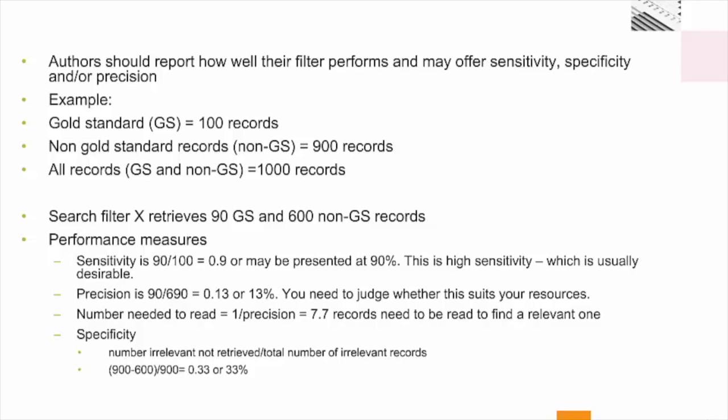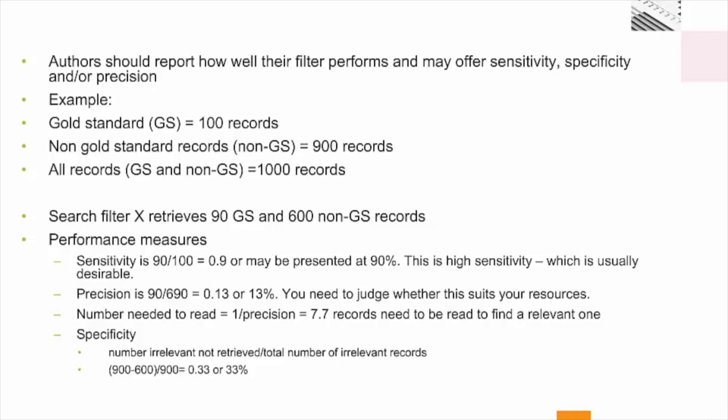So the calculations I'm offering you here is if we have a gold standard set of records that we want to find, 100 records say, our strategy finds 900 records, then our retrieval is 1,000 records, and the performance of our search strategy, if our search strategy retrieves 90 of the gold standard, then its sensitivity is 90%.